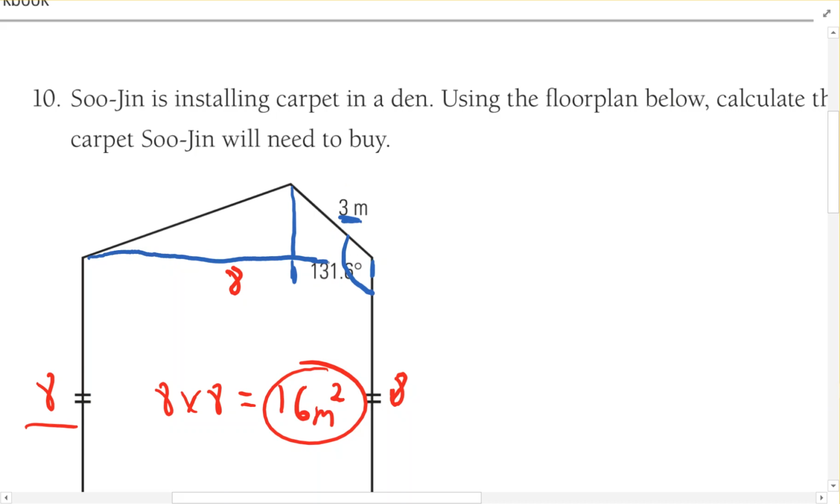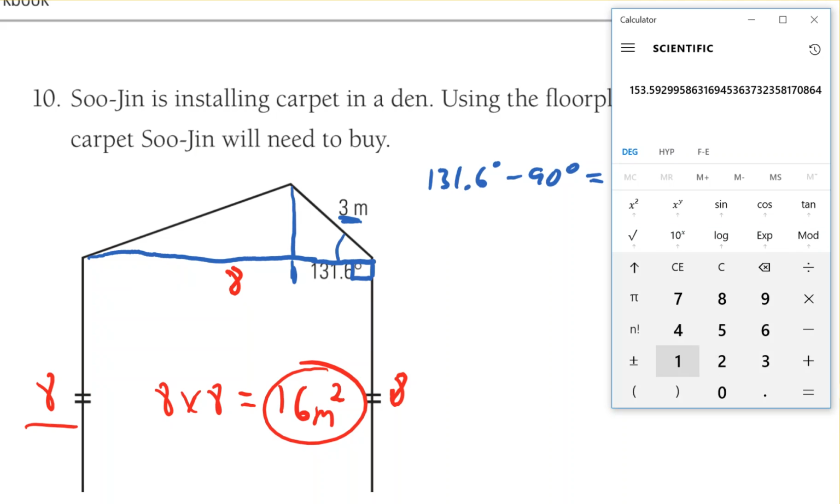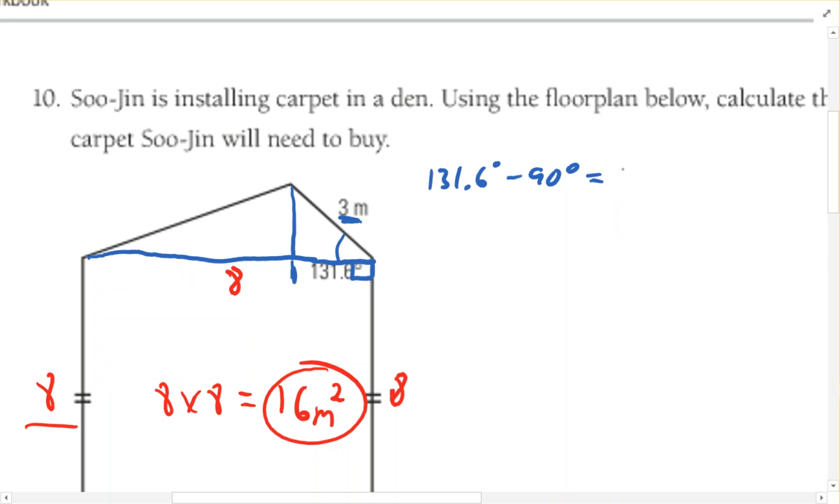We've got a line that's going through that, and I know that this is 90 degrees from there to there. It's a square, so it has to be. So if I go 131.6 minus 90, I should be left with what's there. So let's do that. 131.6 degrees minus 90 degrees. 131.6 minus 90 is equal to 41.6.